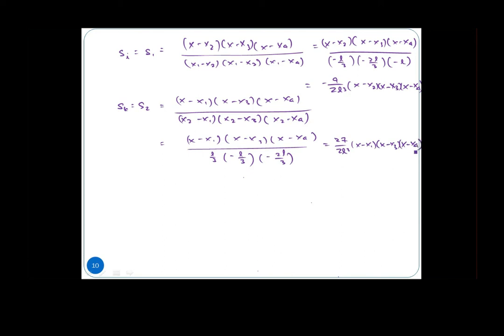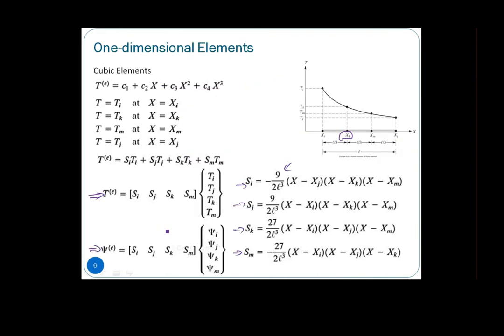For the other two nodes, Sm is x3 and Sj equals S4, and you can find them the same way. All right, later on we will see how we make use of this shape function in different types of 1D elements.